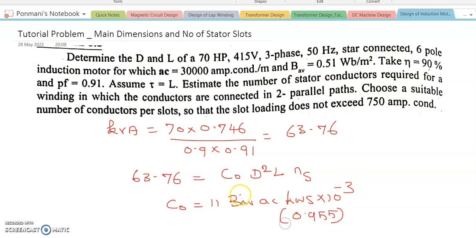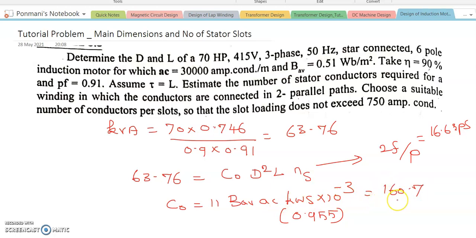On substituting B average and AC, which are given in the problem, all the parameters are known, and in this equation Ns can be found. Ns is 2F by P, that can be found since F and the number of poles are given. On substituting, Ns you will get as 16.6 RPS, and C naught you will get on substituting everything.